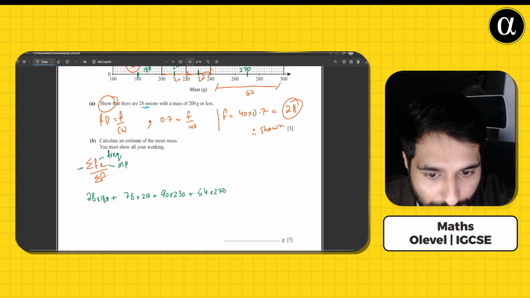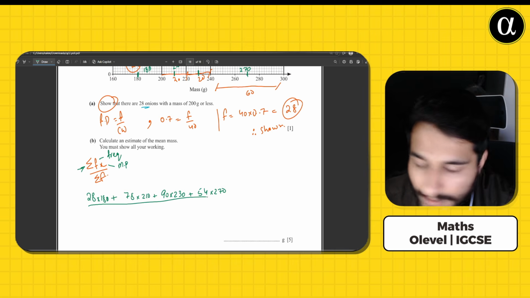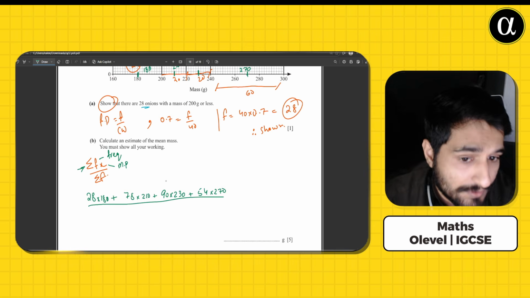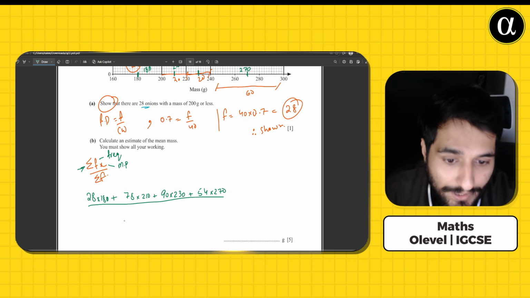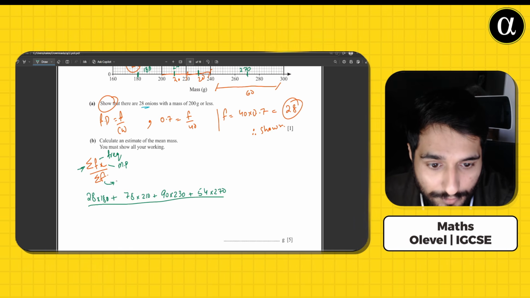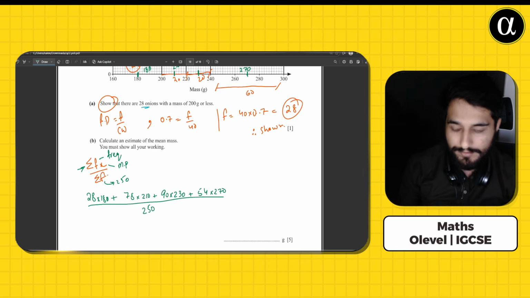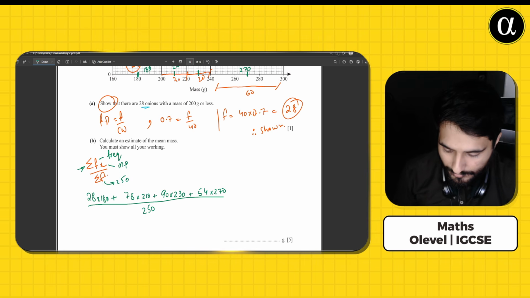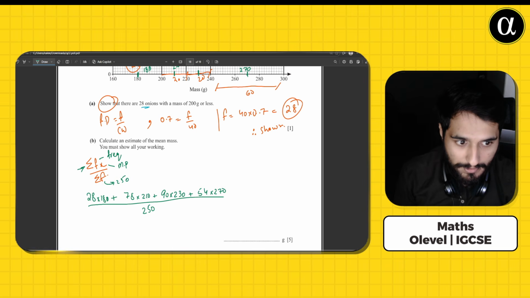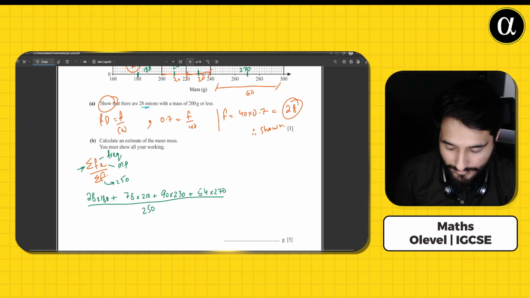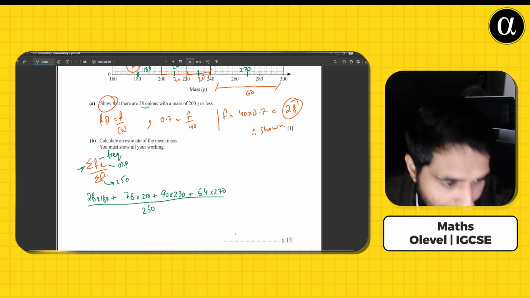This is the sum of fx that we calculated, and now we divide with the sum of f, which was 250, as we know from the question. Let's see what the answer turns out to be. 28 times 180 plus 78 into 210 plus 90 into 230 plus 54 into 270, divided by 250, and the answer turns out to be 226.8.